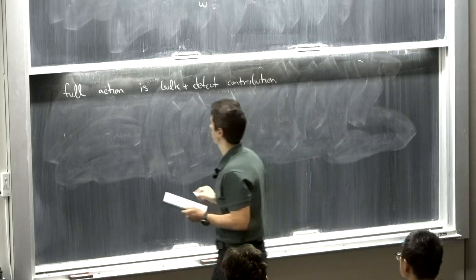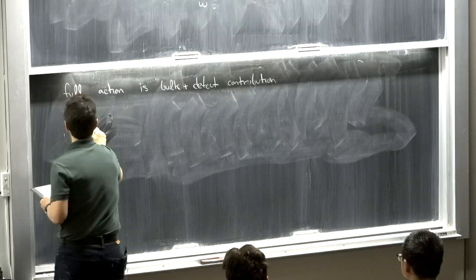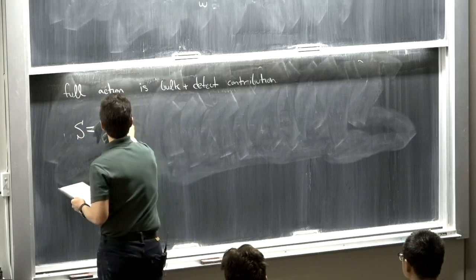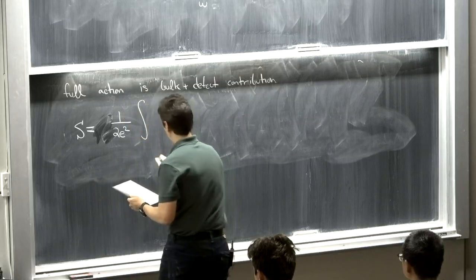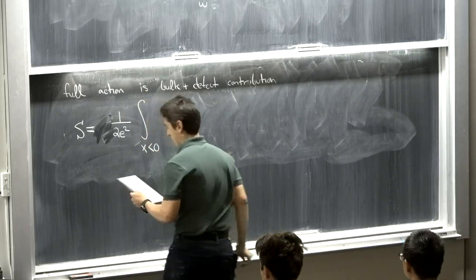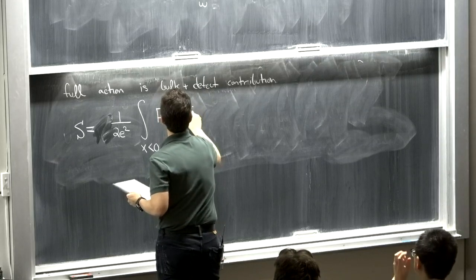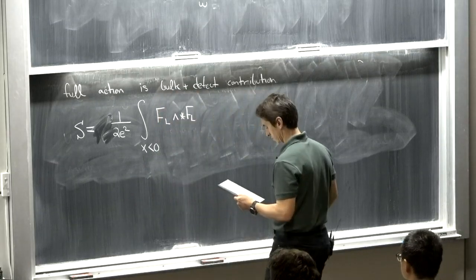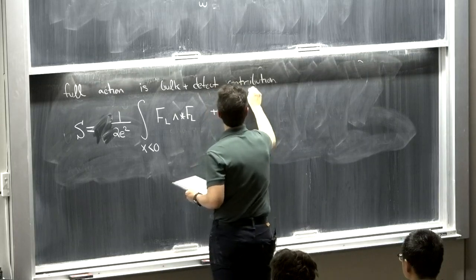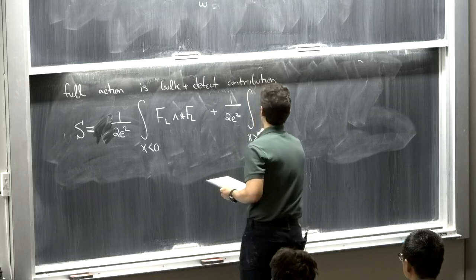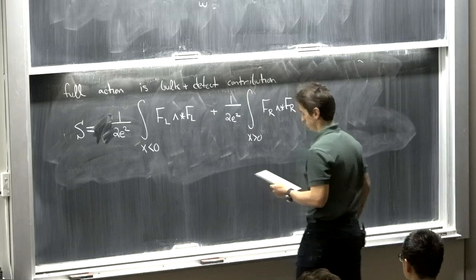Okay. So S, I need a bigger board. Okay, we have 1 over 2e squared. We'll presently remember that e was particular. Integral over x left less than 0, f left wedge star f left. F left is dA left. Contribution from the other side of the defect, integral over x greater than 0, f right wedge star f right.